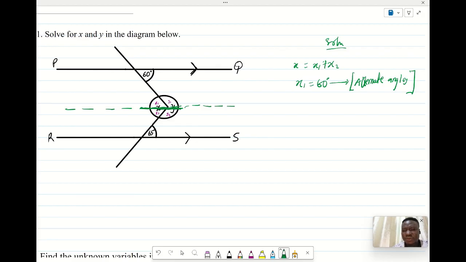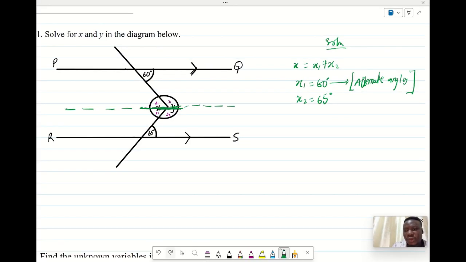Let's look at X2. It is clear that alternate angles exist here also. Therefore, angle X2 is also alternate to 65 degrees. So alternate angles, since they are always congruent, they have equal measure, it means X2 is also equal to 65 degrees.